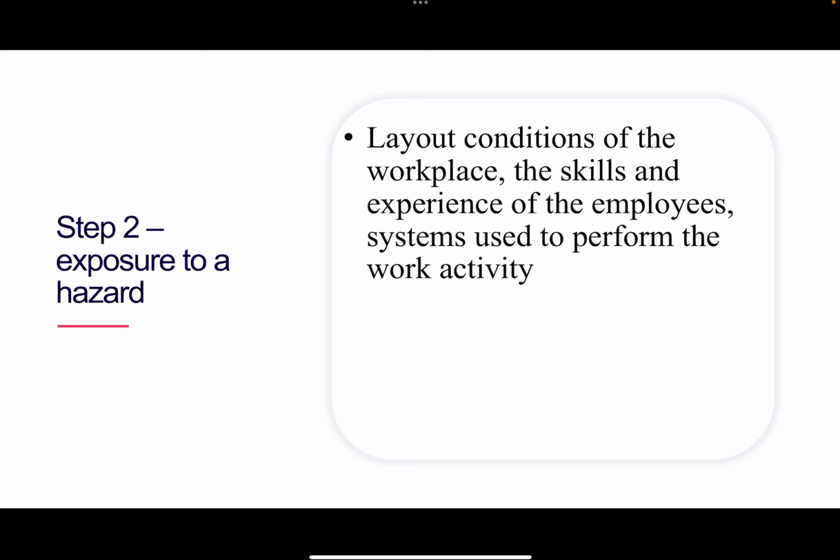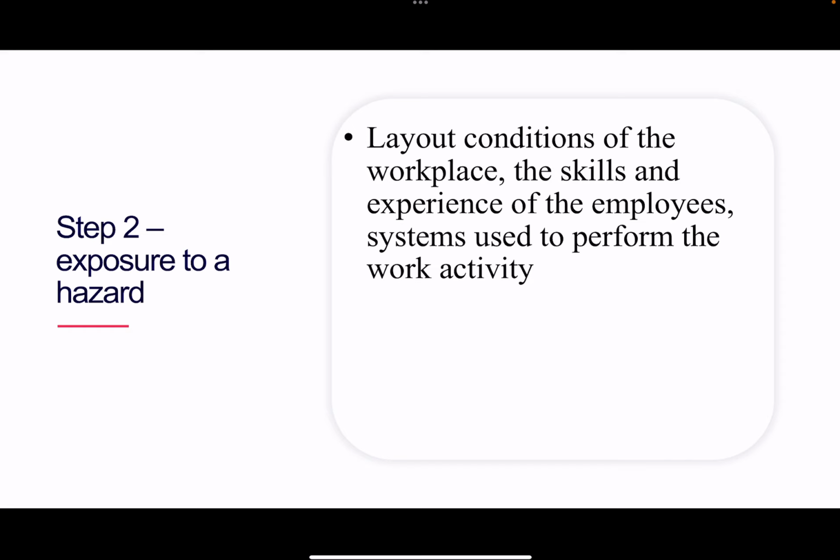So what is our exposure to the hazard? Okay, step 2. Now, the way we go about identifying our exposure is by looking at the conditions, okay? How are we going to be exposed to it? How are we going to identify the impact that it might have on us?